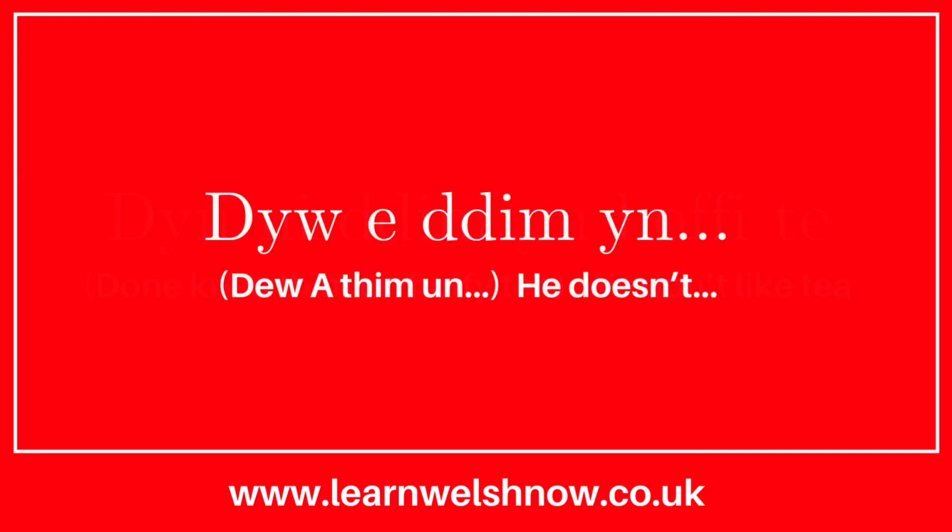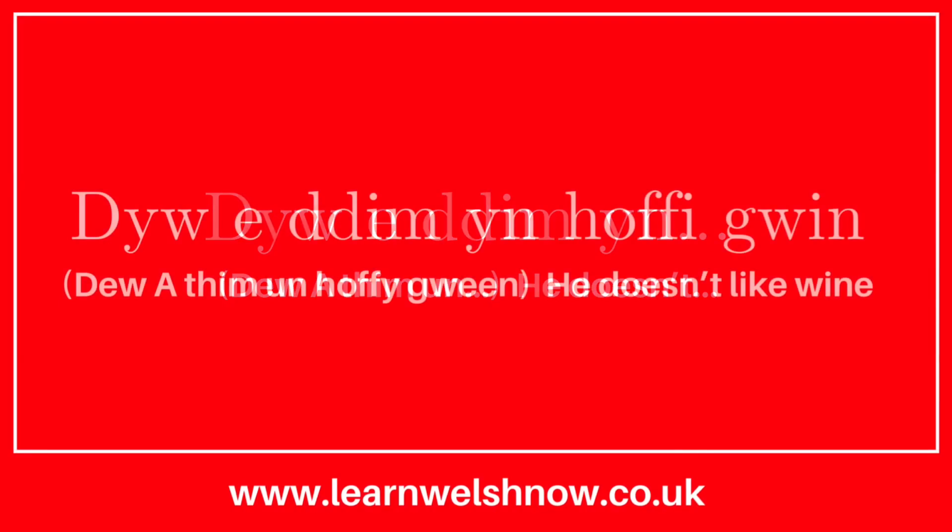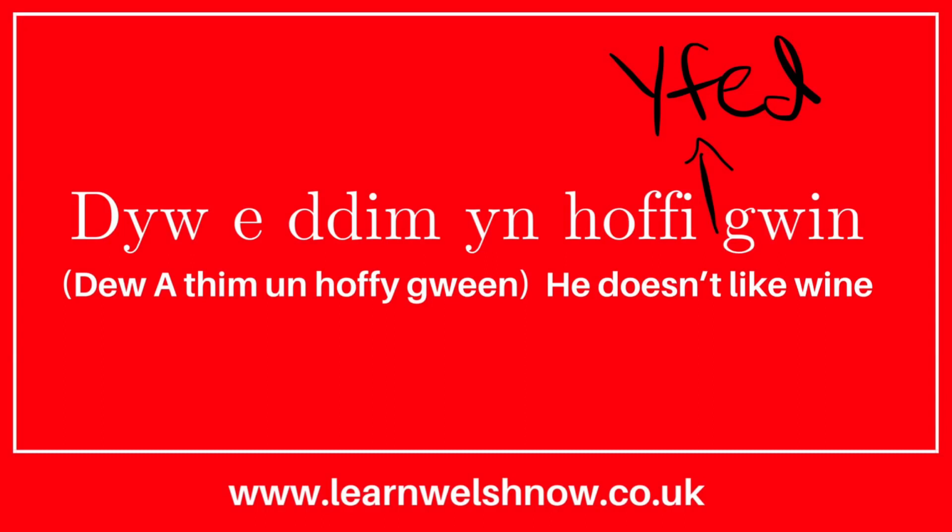He doesn't is dyw e ddim yn. Let's add that to our don't like sentence. Dyw e ddim yn hoffi gwin. He doesn't like wine. But we can make that more specific. We can say he doesn't like drinking wine by adding in the word yfed, which means to drink or drinking.